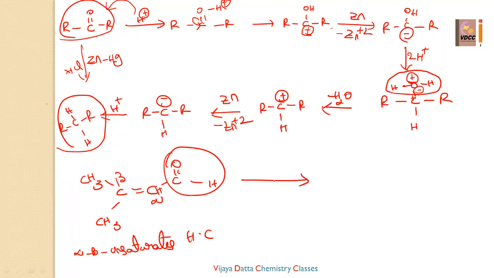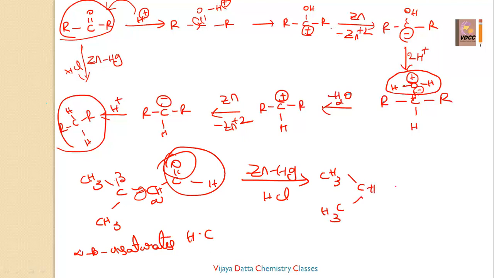These will participate very effectively in the reaction with zinc amalgam in presence of HCl. So what happened? Immediately the C=O and this double bond are converted into CH2, then the bond will be shifted to CH3. When the double bond also disappears, it is completely converted to CH3.